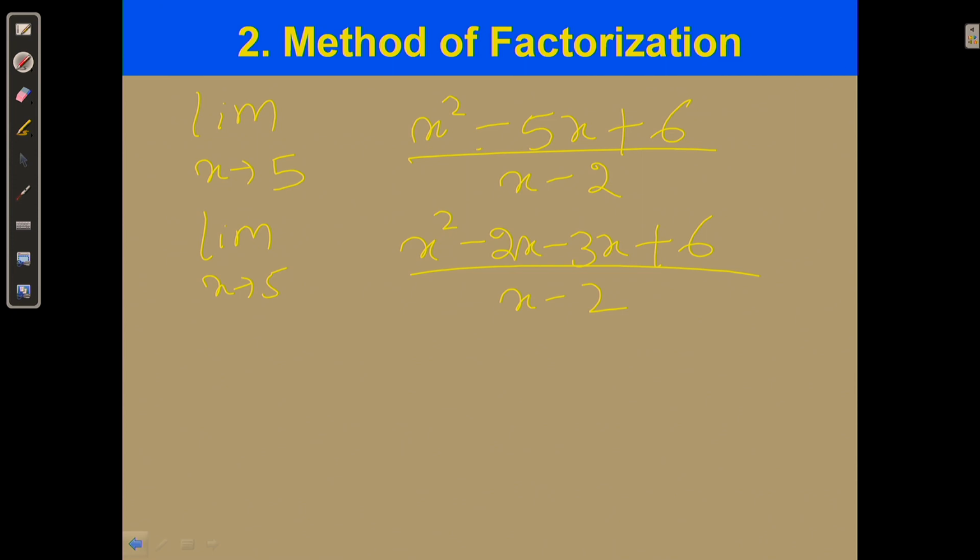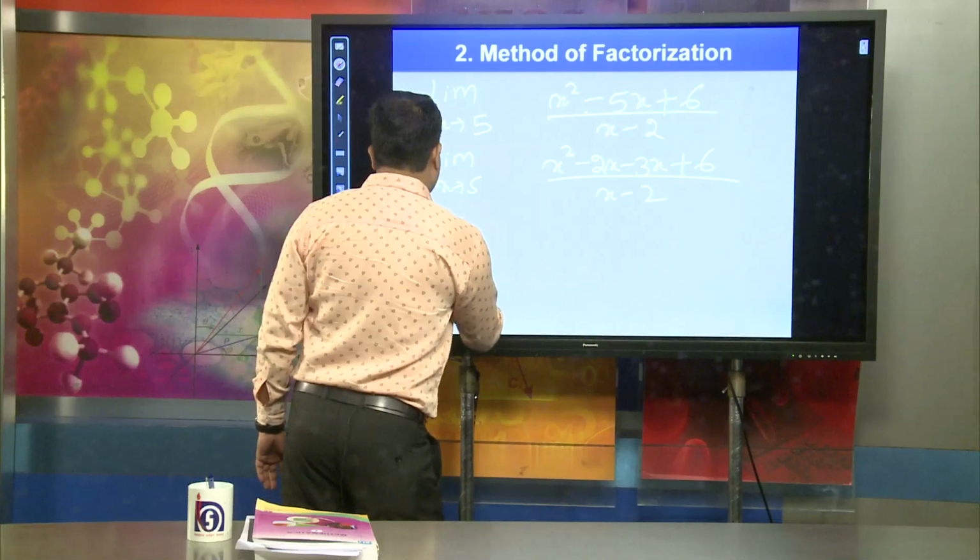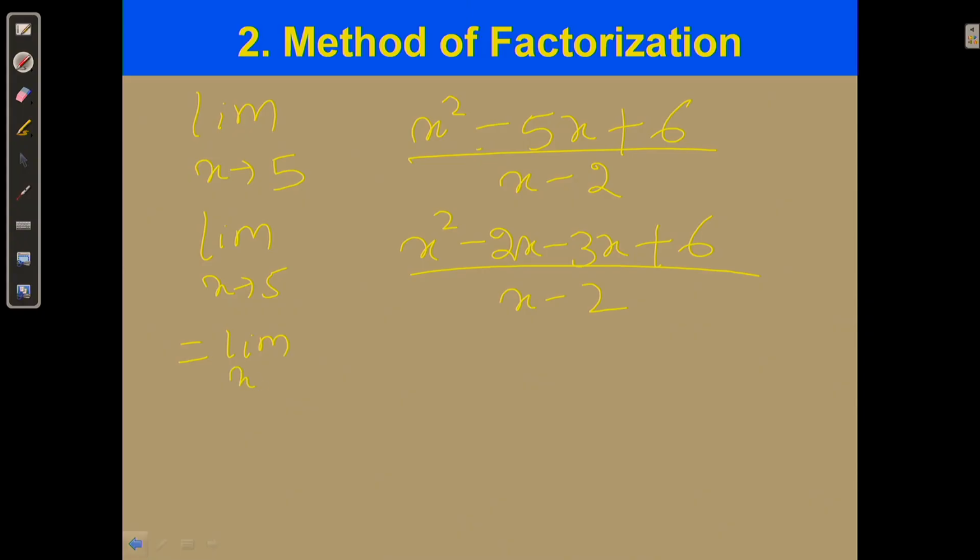Then taking x common, we get x minus 2, and taking minus 3 common, we also get x minus 2, and the denominator is x minus 2.